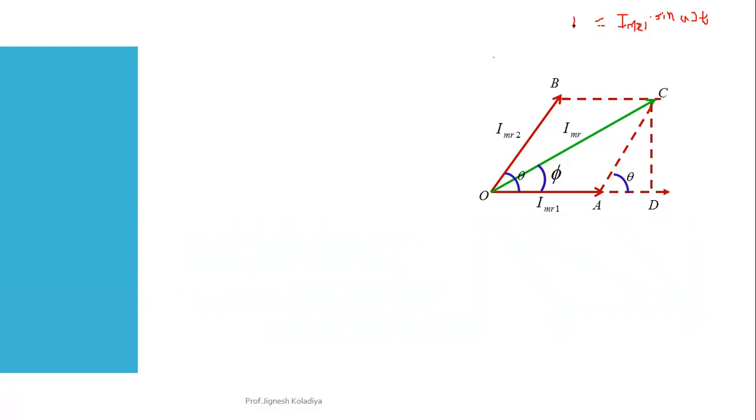Let us say this is I1, and I2 is IMR2 sine, leading or lagging, leading by angle theta. So I can write omega t plus theta. Okay.